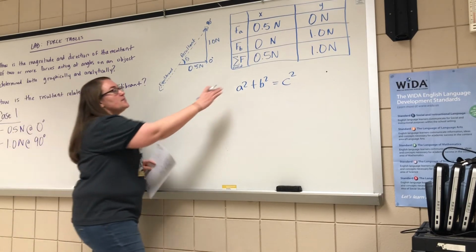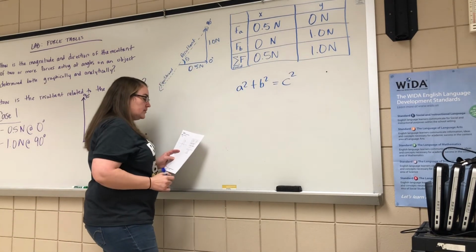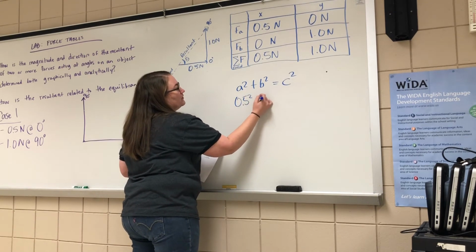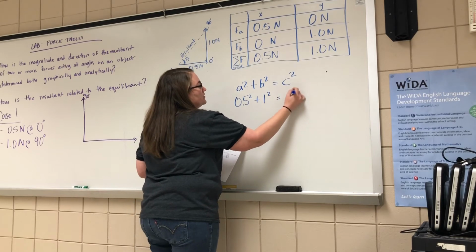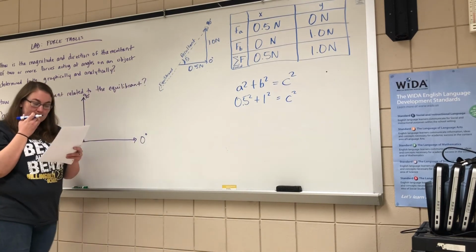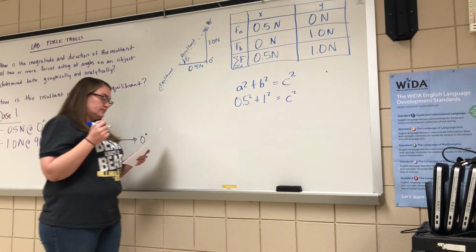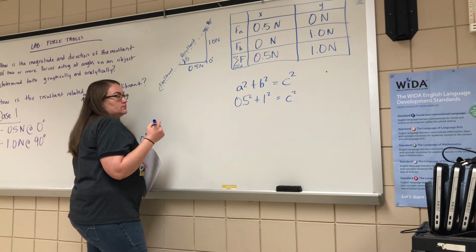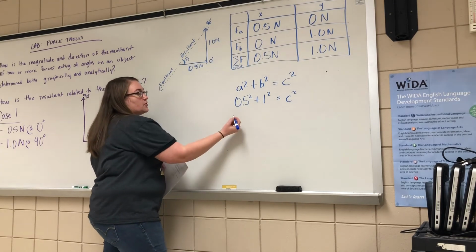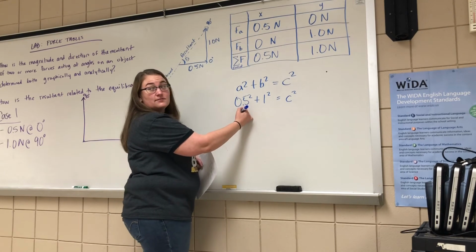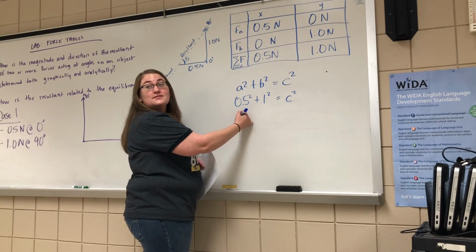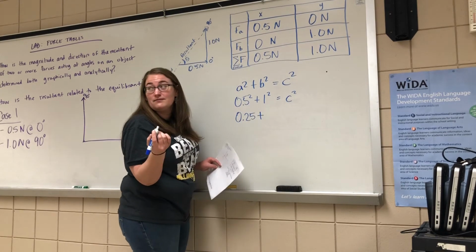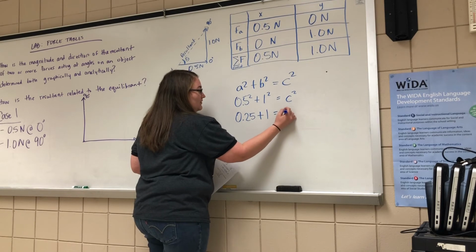We know our x component and we know our y component, so we're just going to plug those in. 0.5 squared plus 1 squared equals c squared. So 0.5 times 0.5, you got 0.25. 1 squared is 1.